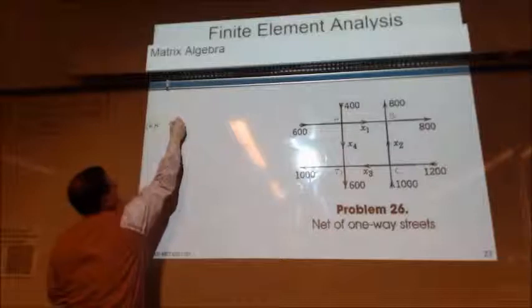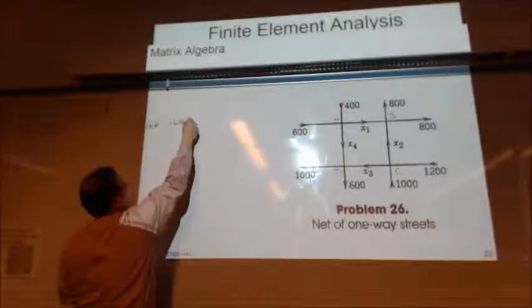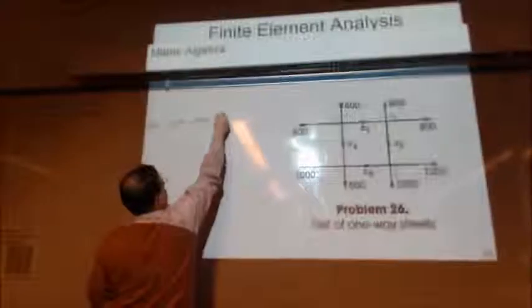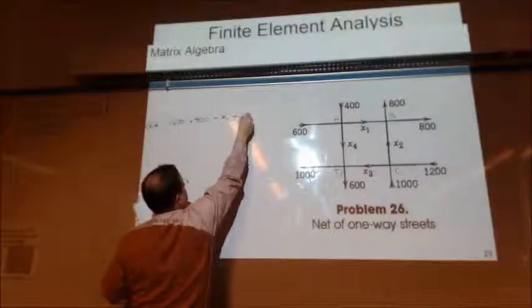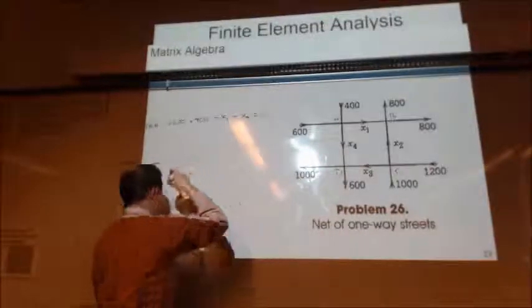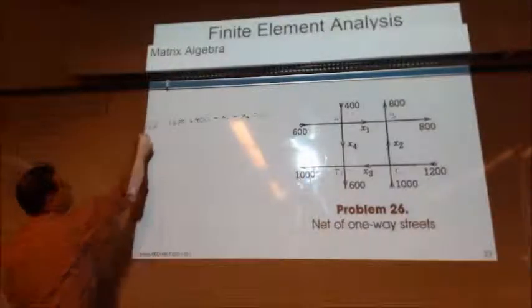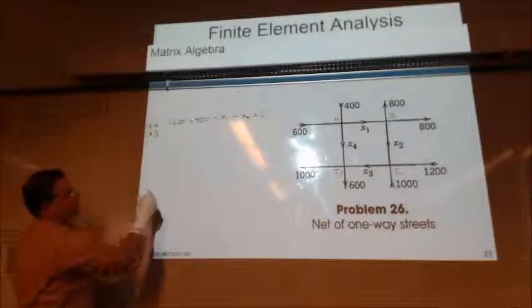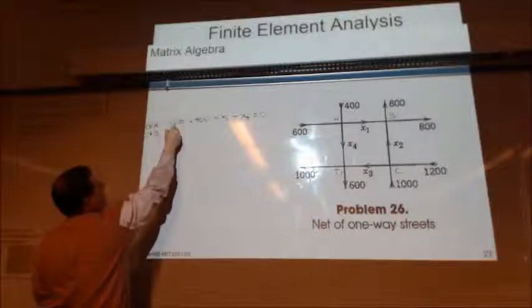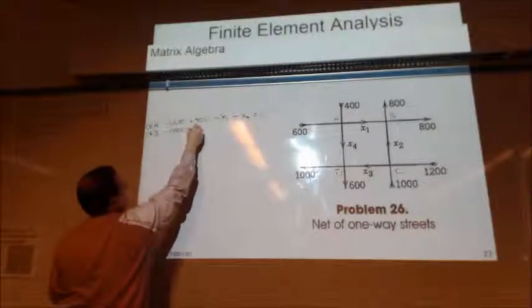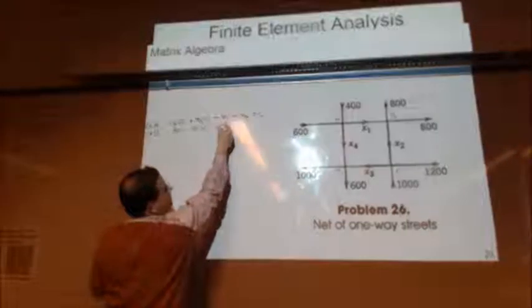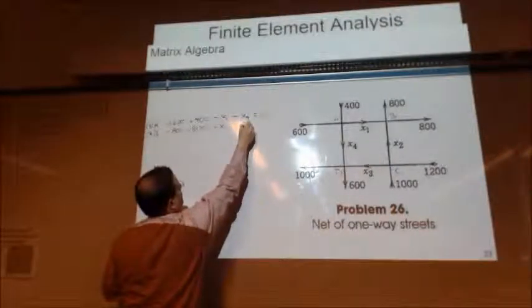Plus 600 plus 400 minus x1 minus x4, right? It's going to be equal to 0. Okay, at B, what do we got? Minus 800 minus 800 plus x1 plus x2, right?